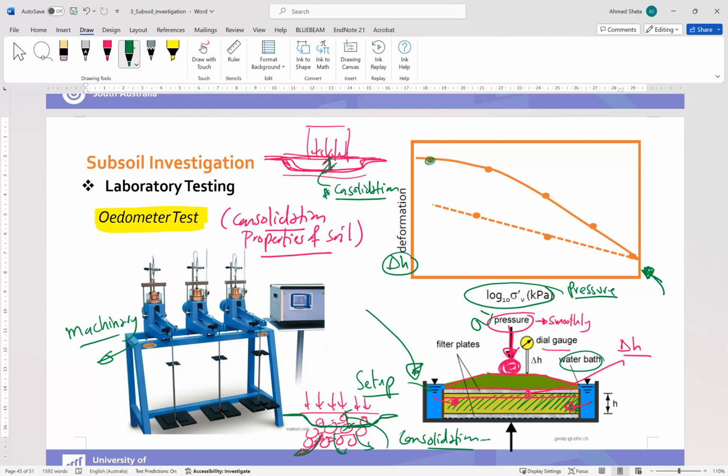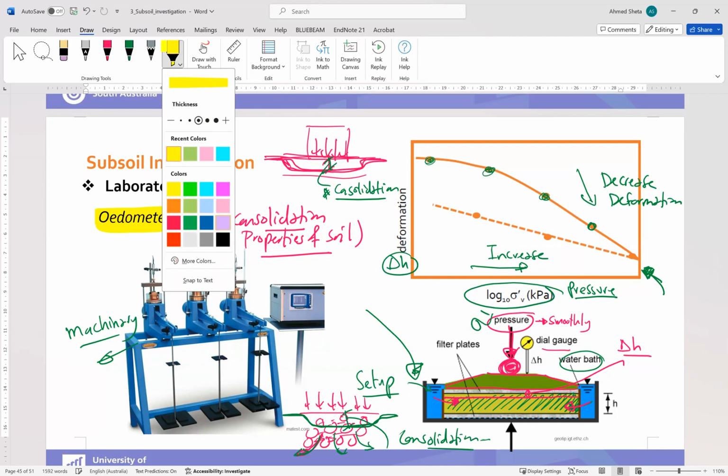When you increase the pressure, as you can see, increasing the pressure decreases the deformation. Again, this test is for the consolidation properties of the soil.